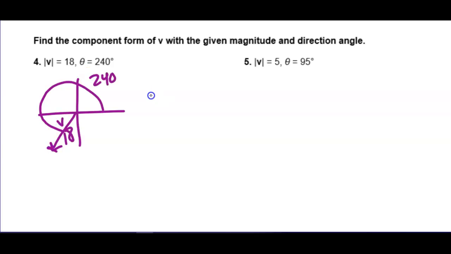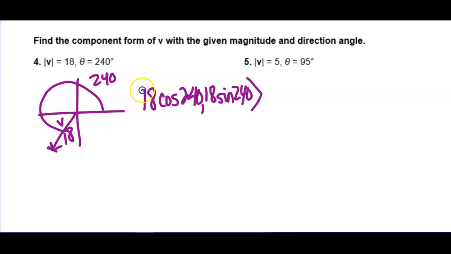So to find the components, remember from yesterday, you just do 18 cosine of 240, 18 sine of 240, and it should come out a negative because of the quadrant we're in. I'm going to do it on this calculator because it's faster, except I got to go in degrees. Okay. 18 cosine 240, 18 sine of 240.